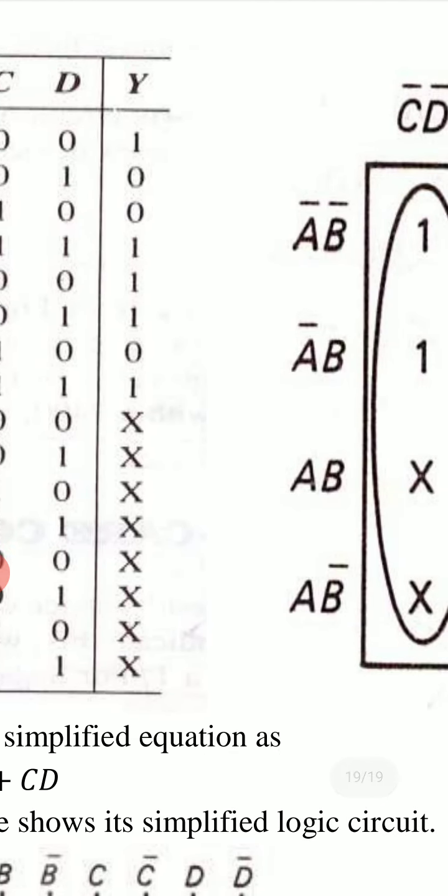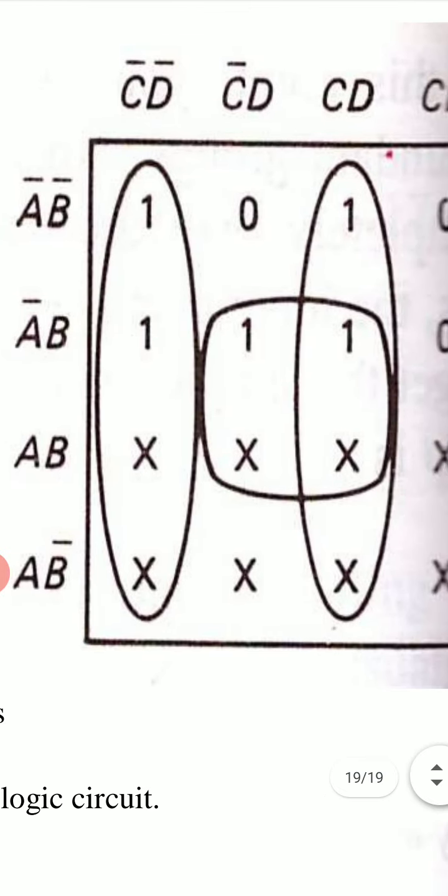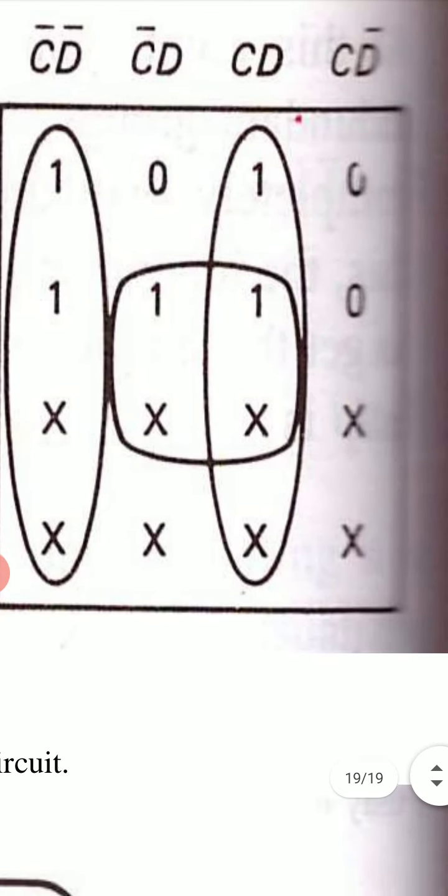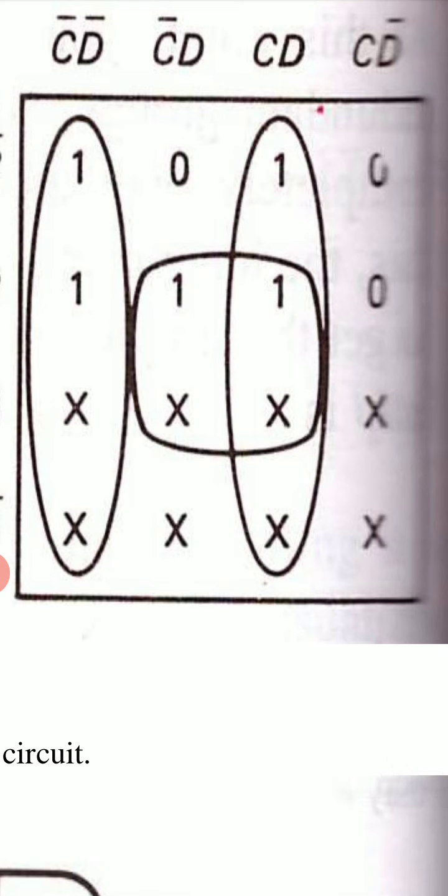We draw Karnaugh map and make quads treating these X as 1s because these are don't cares. We can treat them either 1 or 0.